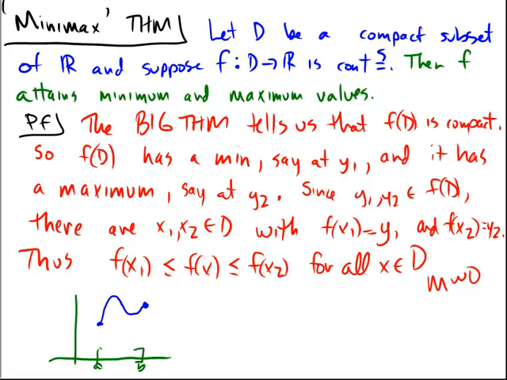And it's saying that this function here will always attain some kind of value that we can call the maximum. So in this picture it looks like the maximum would be right there. And it will attain a minimum, which in the picture looks like it's actually on the left endpoint here. So we're just saying every closed and bounded, compact subset of R will attain a minimum and a maximum.